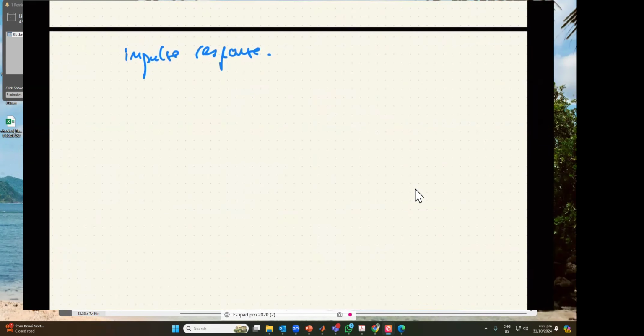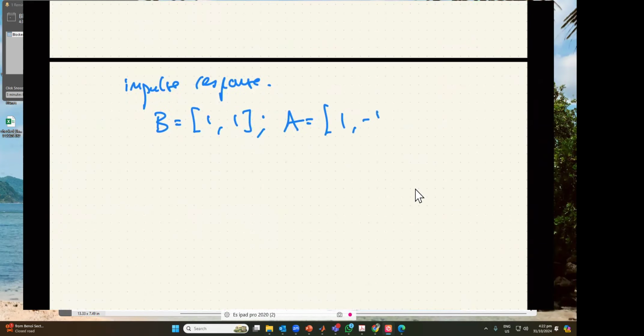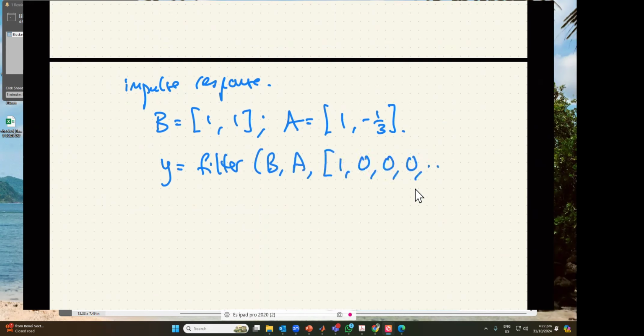In the lab, you have B already, right? B is 1, 1. You have A, 1, minus 1/3. Y equals filter B, A, then 1, 0, however many zeros you want. Finish. Two steps, three equations.